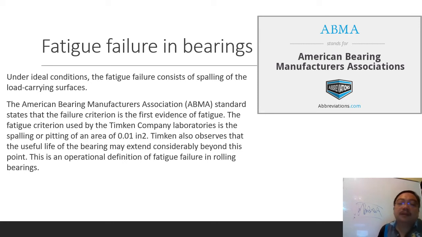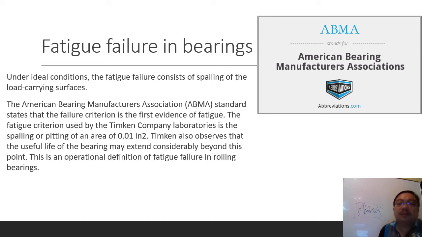It says that spalling or pitting over an area of 0.01 inch square is the criterion. Timken also observed that the useful life of the bearing may extend considerably beyond this point.